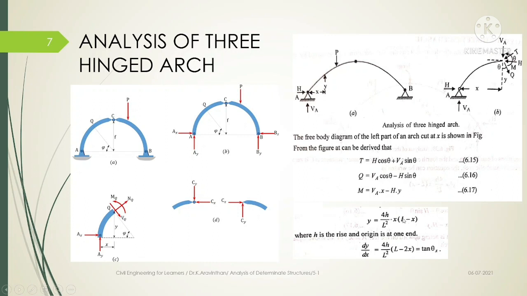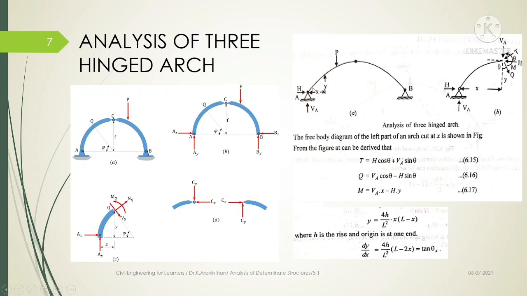If you multiply this inside, you will be getting L into x and x square. If you differentiate with respect to x, you will be getting L, and x square will become 2x. So what is dy by dx? That is tan theta, that is a small horizontal and vertical distance. So this is the slope which I already highlighted, that is horizontal and vertical distance.